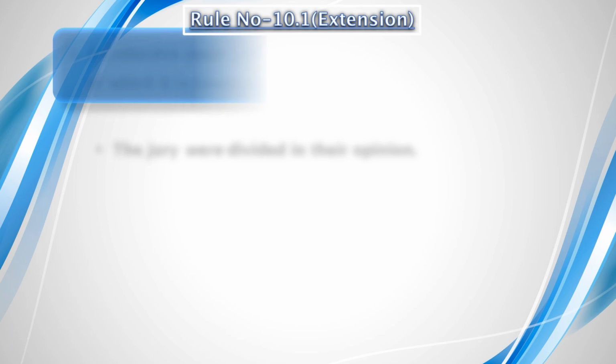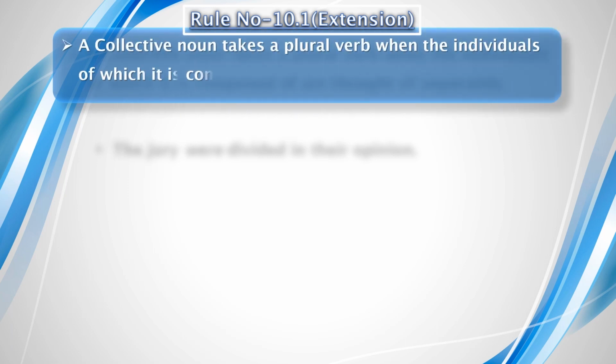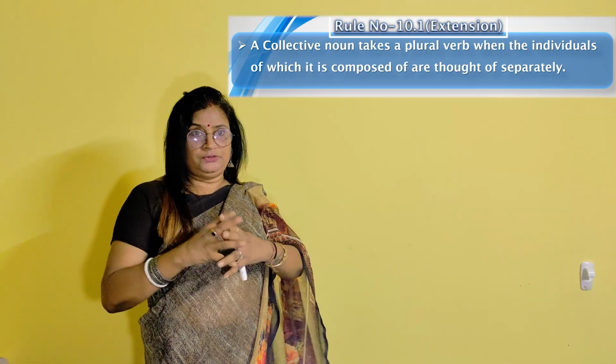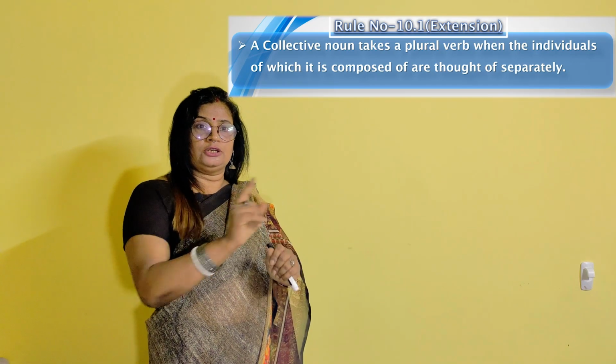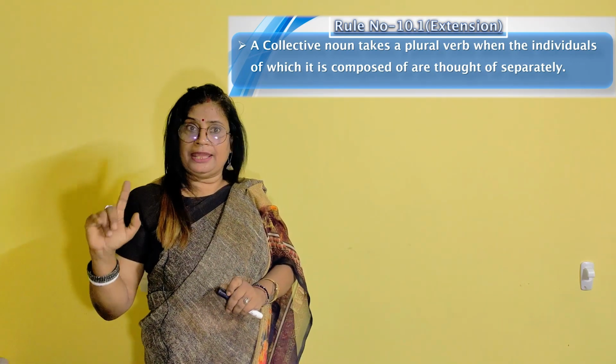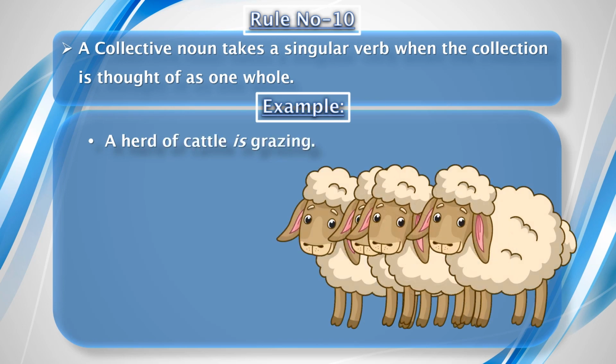But it will be plural when the individuals of which it is composed are thought of separately. Like, see, a herd of cattle is grazing, is, because herd is a collection of cattle.